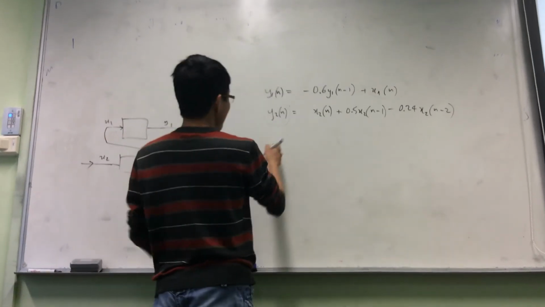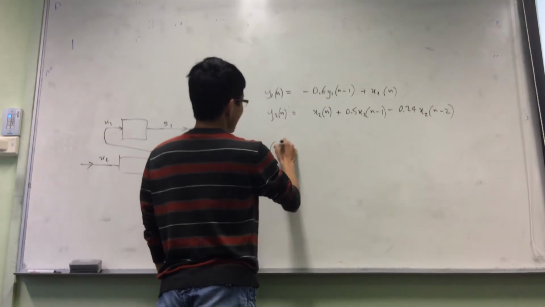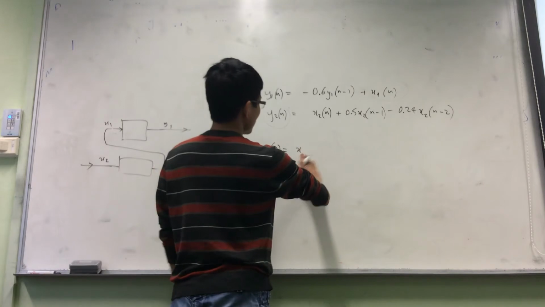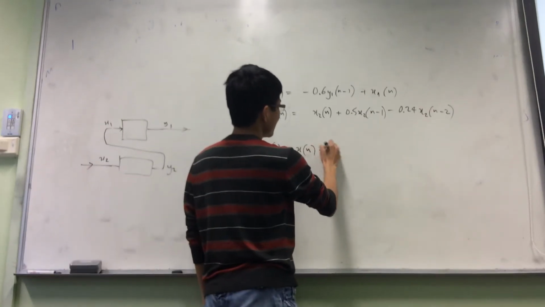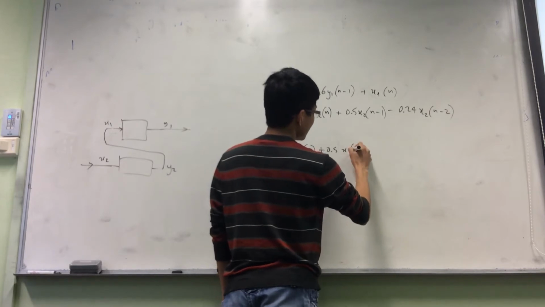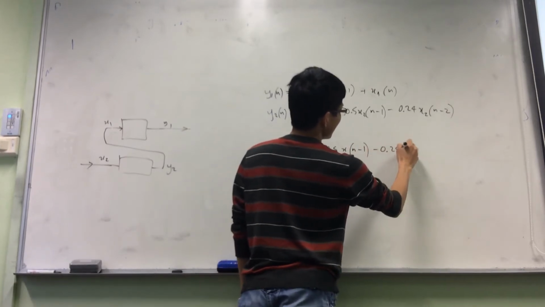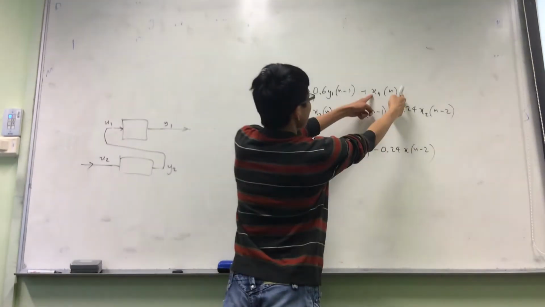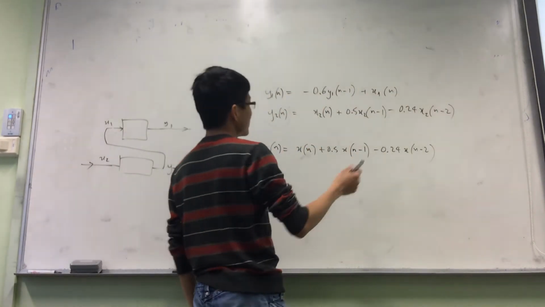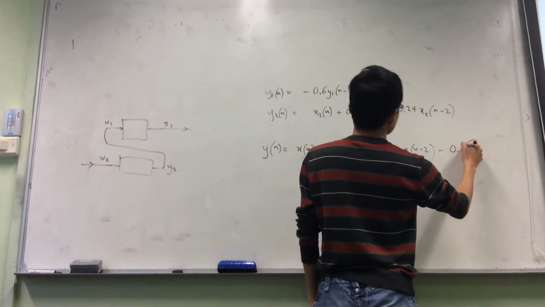So the overall one here, which is simply y[n] equals, I just draw this: x2 will be x here, x[n] plus 0.5 x[n-1] minus 0.24 x[n-2] goes here, and with this one, minus 0.6 y1.